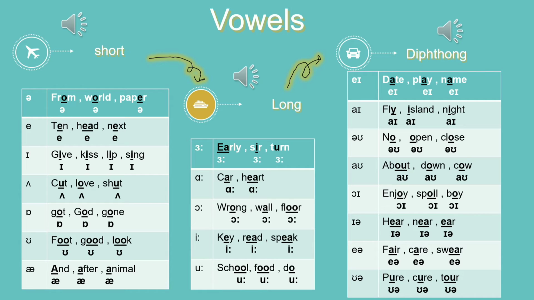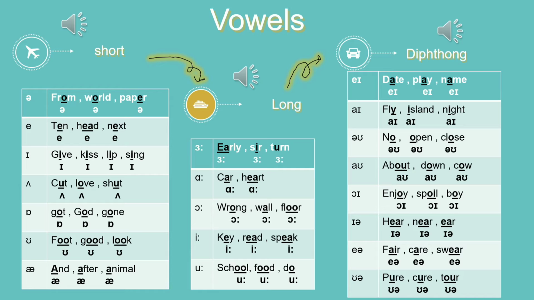Example: fly, island, neck. Number 3, əʊ. Example: no, open, close.